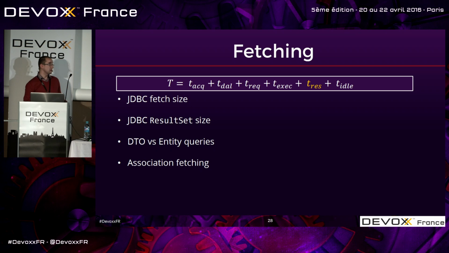Okay, fetching. Fetching is probably the number one root cause for performance problems in many data access problems, not just Hibernate, because it's very easy to simply fetch too much data. In development, you're going to work with smaller data sets, and you won't notice it right away, but then the data sets tend to grow in production.